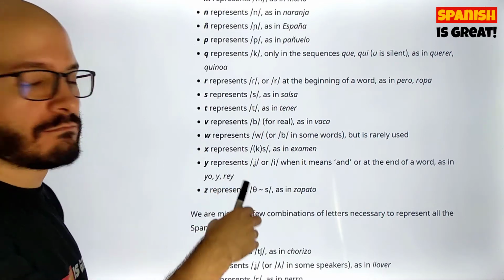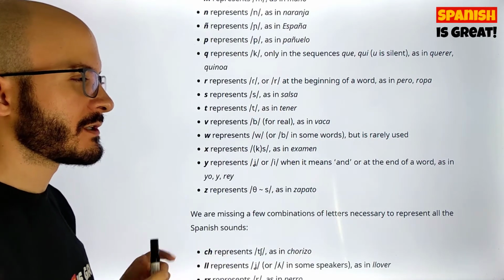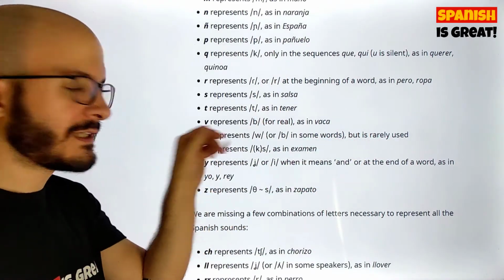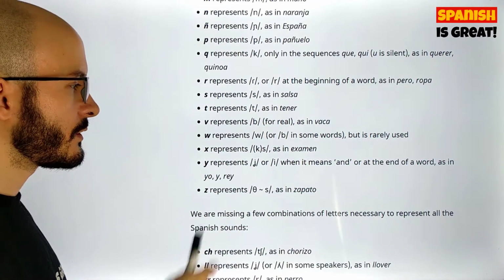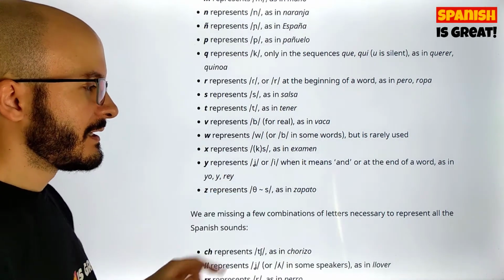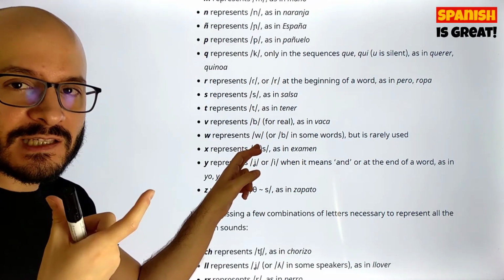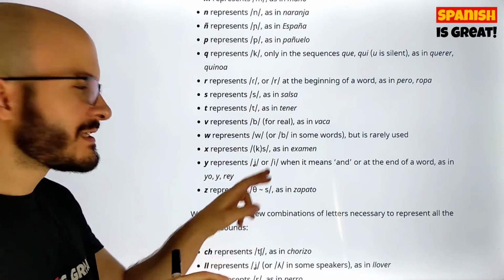W represents the sound, or B in some words. But in general, we don't find it in Spanish, so you don't really have to worry about that. Then, la letra X represents, you see, either KS or just S. Usually just S, okay?